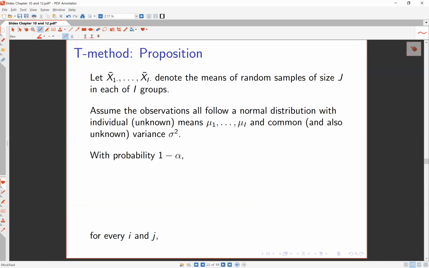We're still following the ANOVA convention of assuming normal distributions for all our observations, and we're also assuming common variances for the different populations or the different treatments.